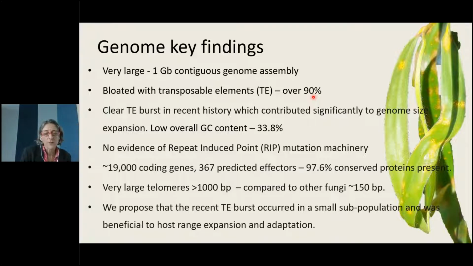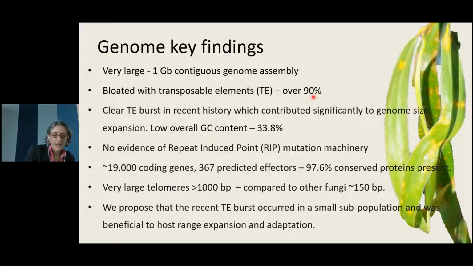There's no evidence of repeat-induced point mutation machinery, and this is interesting because we think that largely this is clonally reproducing, and the repeat-induced point mutation machinery, I believe, is only activated during meiosis. We found around 19,000 coding genes, around 367 predicted effectors, and 97.6% conserved proteins, and very large telomeres.